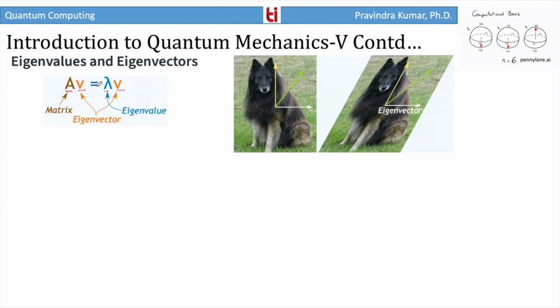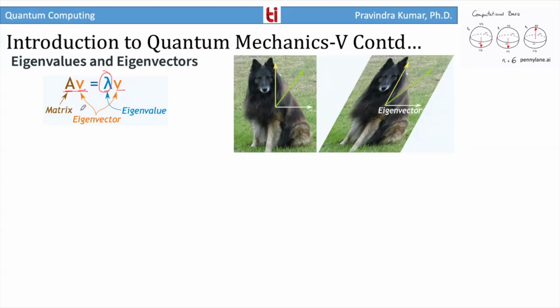So AV is equal to lambda V. The eigenvalues are the numbers that indicate how much something is stretched or shrunk during the transformation. Eigenvectors are vectors associated with the matrix or operator such that when the matrix multiplies the eigenvector, here A times V, the resulting vector is a scalar multiple of the eigenvector. This scalar is the eigenvalue.